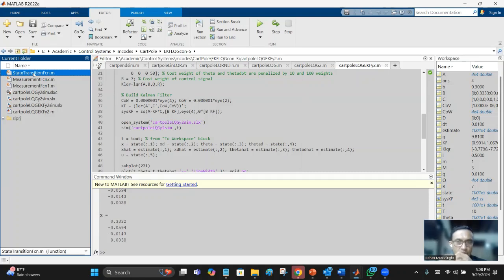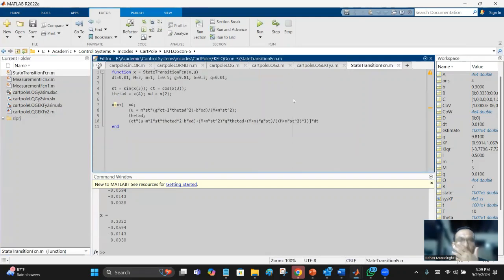Jacobian means first derivative, partial derivatives of the entire state vector. Here we have four states, so the rate of change of all four states. If I open the state transition function here, you can see it over here.